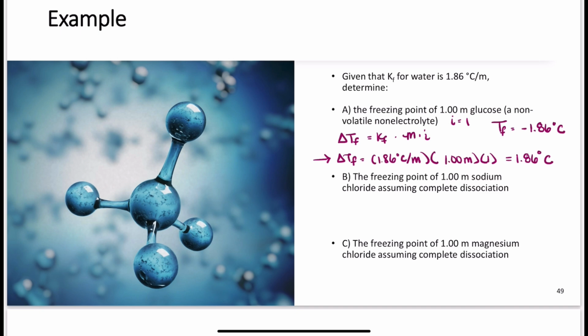The freezing point of 1 mol solution of sodium chloride, assuming complete dissociation. What would this be? Well, I know sodium chloride is NaCl. I know this splits up into Na+ and Cl- ions. So I know my I value here is equal to 2.